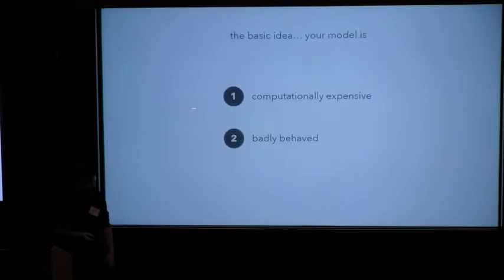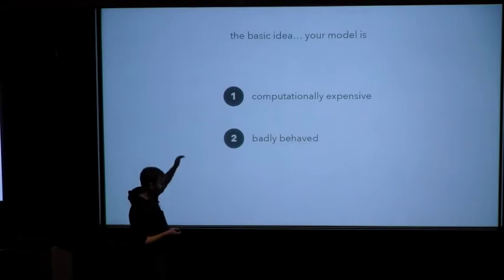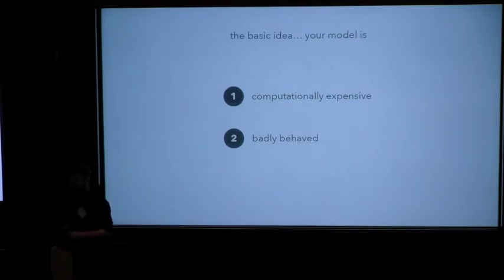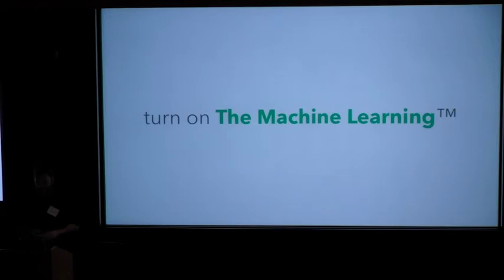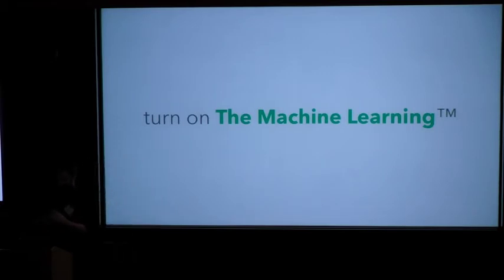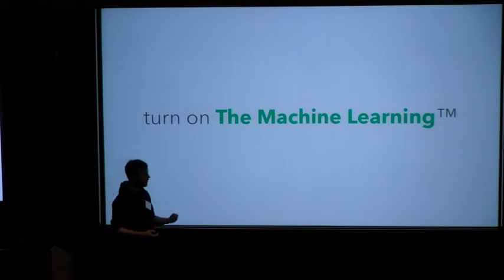So here we have the usual things. We have a computationally expensive model, but the key point is that it might also be badly behaved, so multiple modes, things like that. And the idea is to turn on the machine learning to try to improve this kind of thing. So instead of actually using machine learning tools to take derivatives of your model, to actually use machine learning models as a tool in the process.